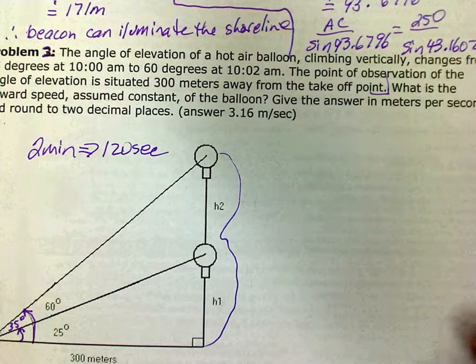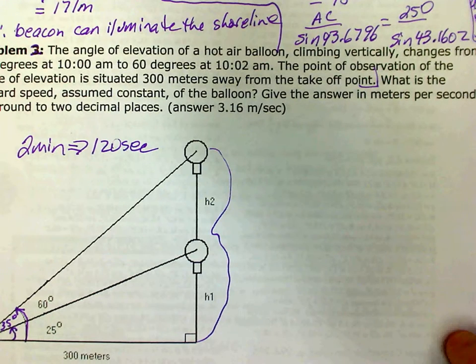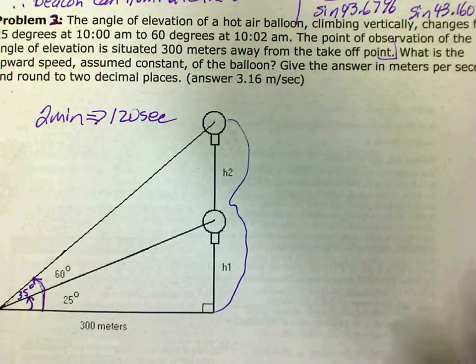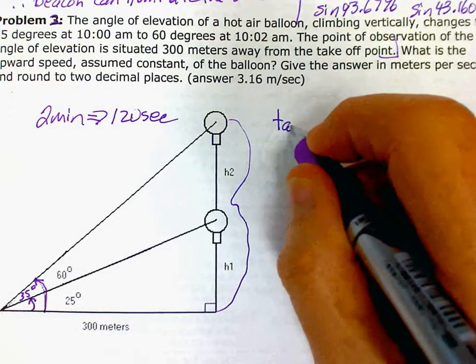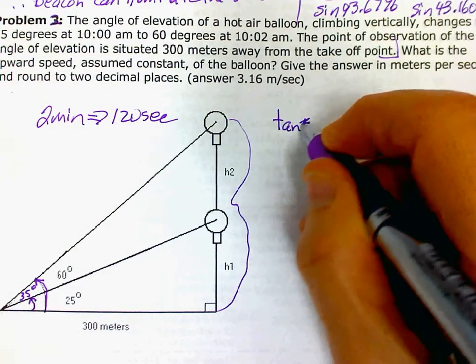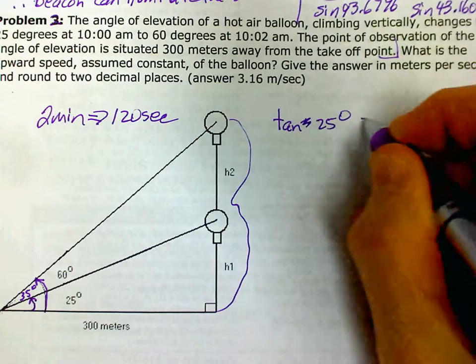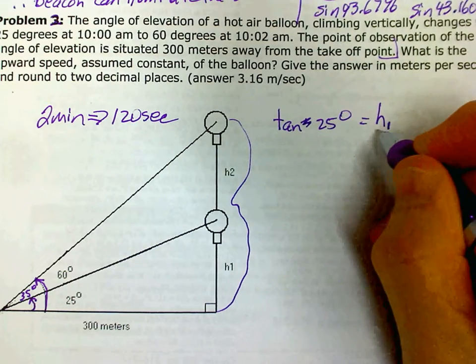Okay, it's labeled for us, so we won't worry about the labeling process. But can we say that tan of 25 degrees is equal to h1 over 300, right?